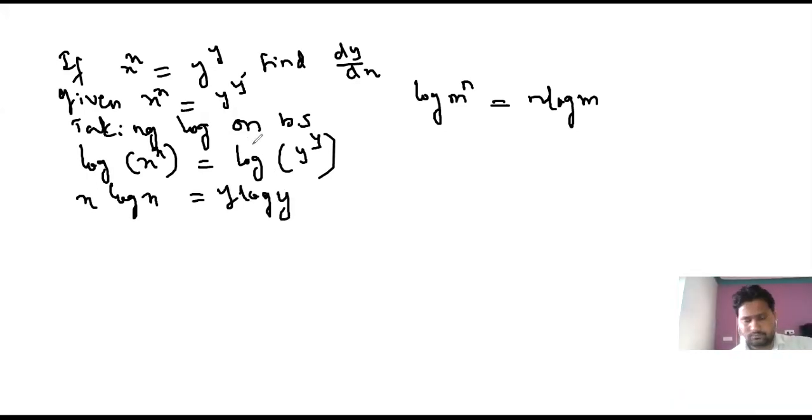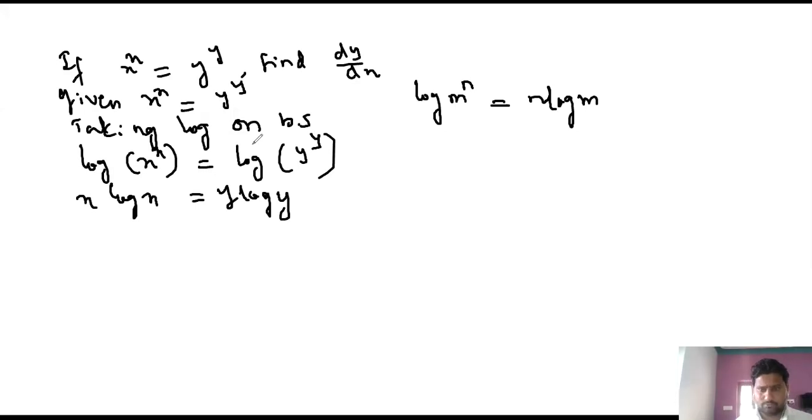Now it is in simplest form, so we can differentiate with respect to x. What is the derivative of x log x?